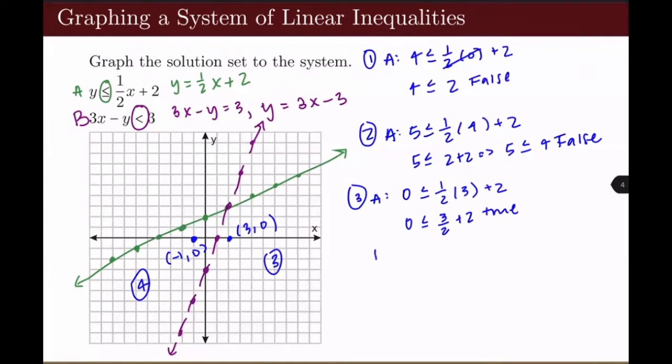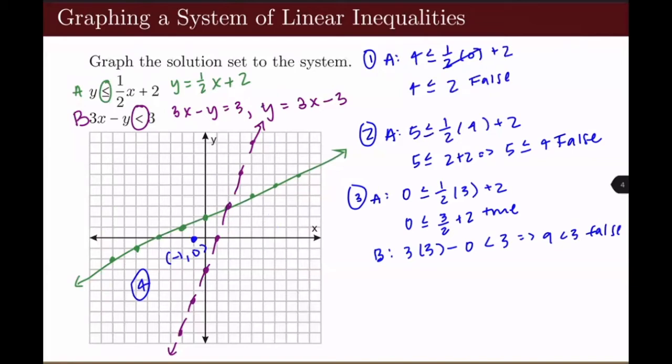So then we'll check B, and we'll get, let's see, that's going to be 3 times 3 minus 0 is less than 3. So 9 is less than 3, so false. So our solution does not exist in the third one either.